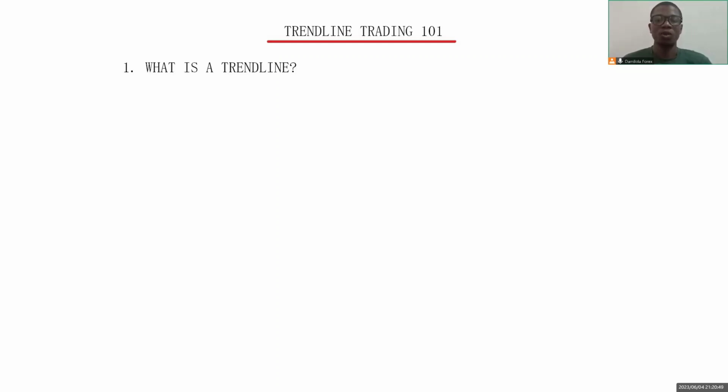So what are the types of trend line that we have? That is the second question. We have the ascending and the descending trend line. Let's type it out. Types of trend line.